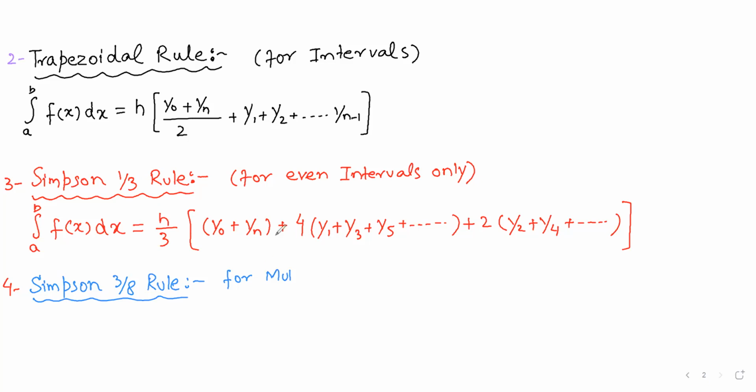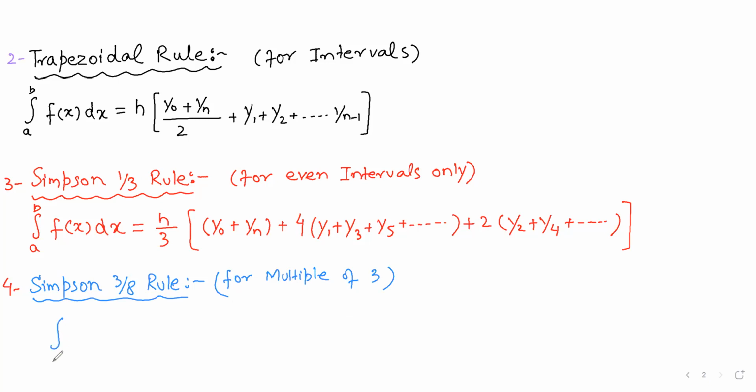Okay. So anyways, I was talking about the Simpson 3/8 rule. It is applicable if the number of intervals is a multiple of 3. So let's write the formula.